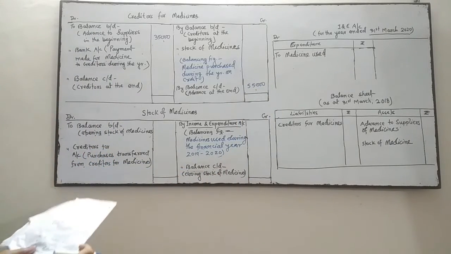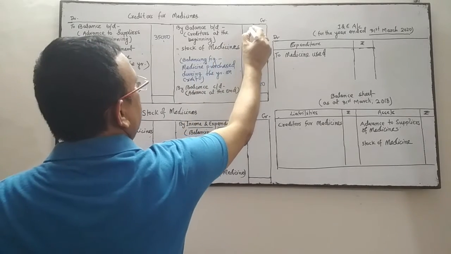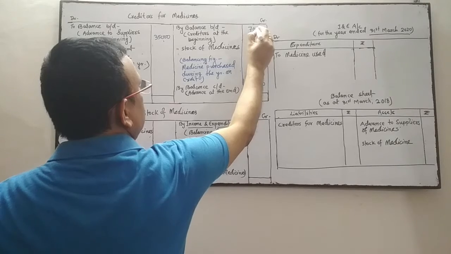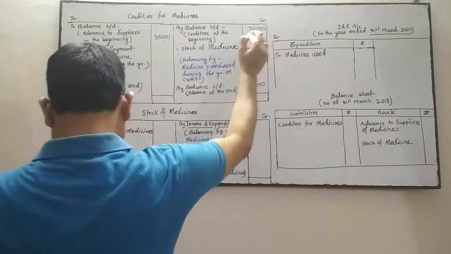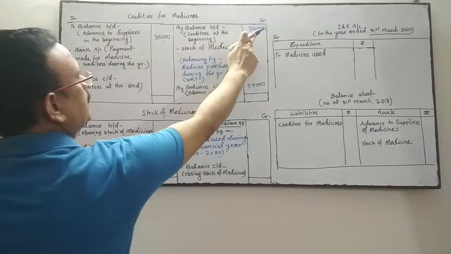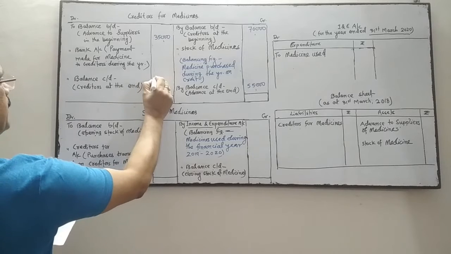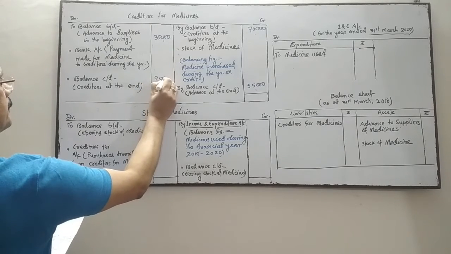Outstanding creditors opening, we will write over here, by balance brought down, it is 70,000. Outstanding creditors at the beginning is 70,000, and creditors at the end is 95,000, which we write over here.